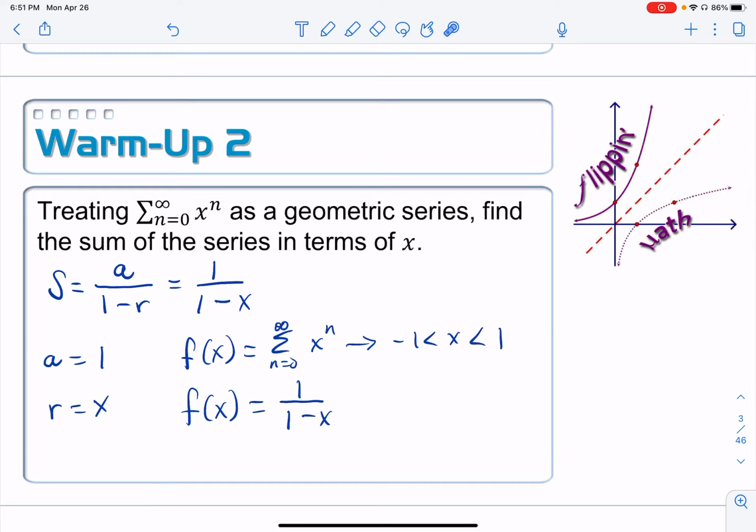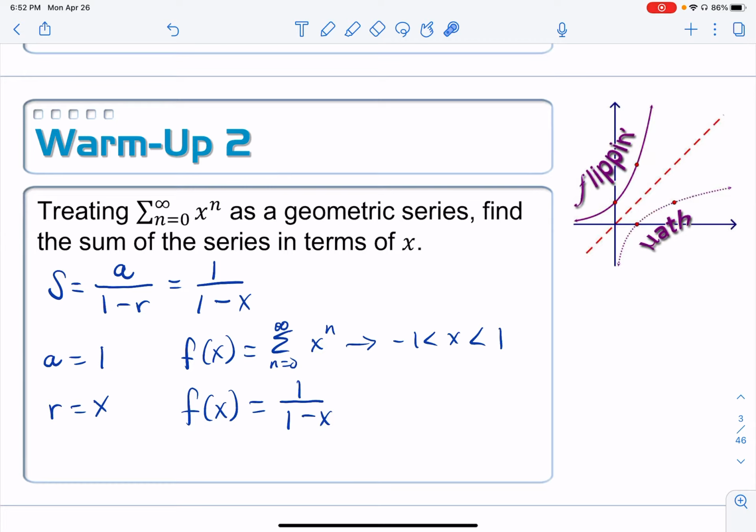What that means is that any number inside here, whenever I stick it in for x, it has a finite sum. The power series converges. Anything outside of that, it would diverge, go off to infinity or negative infinity, or maybe even just oscillate, whatever. But anything that's in here, the sum of those terms is just equal to 1 over 1 minus x.